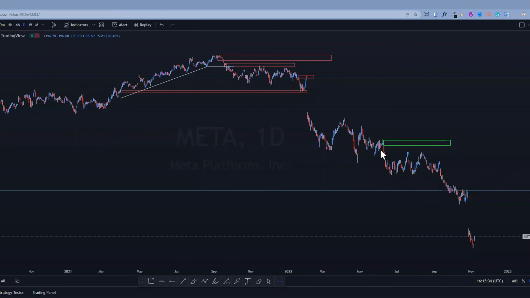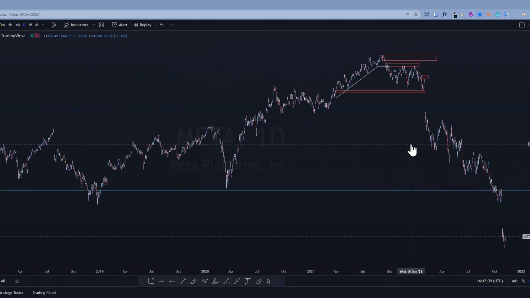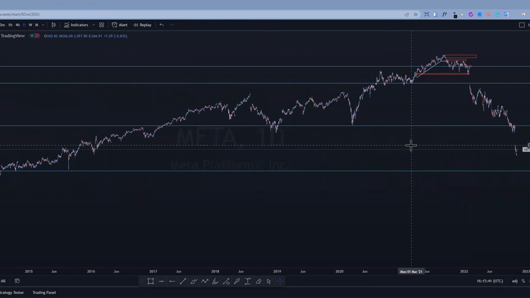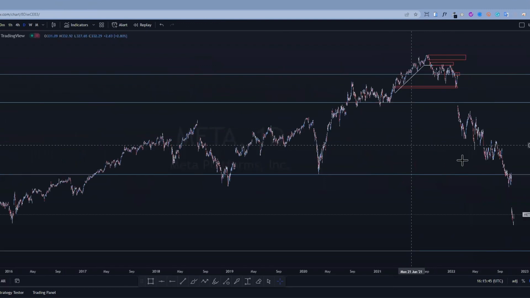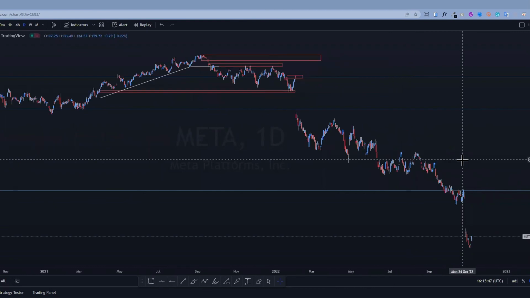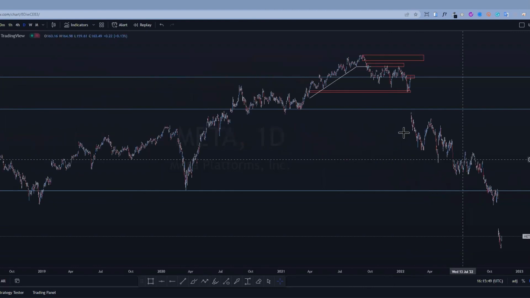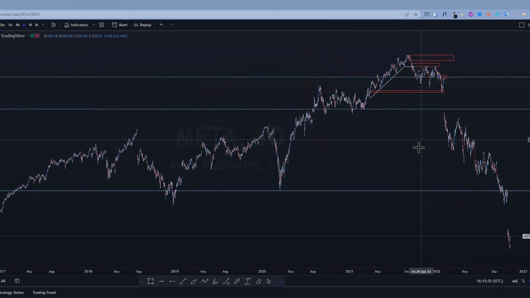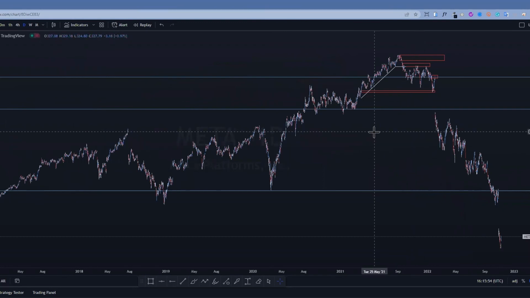So we want to start drawing those levels that there's a high chance that price will react from. That's basically going to help you to fine tune great entries. If you just do this exercise, I think it will be super beneficial, to be honest.